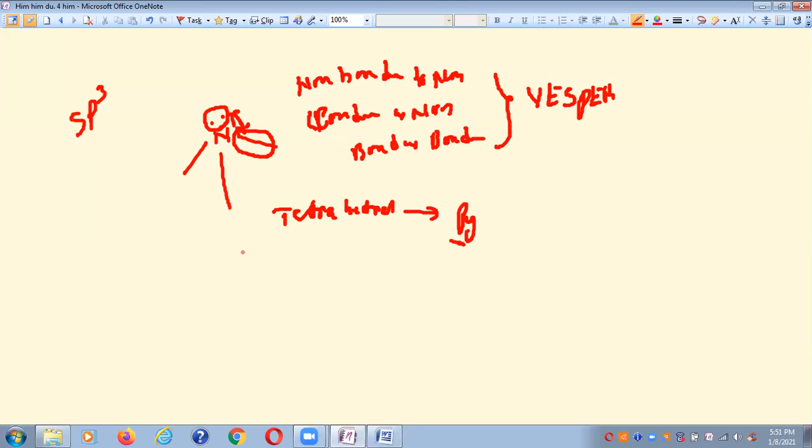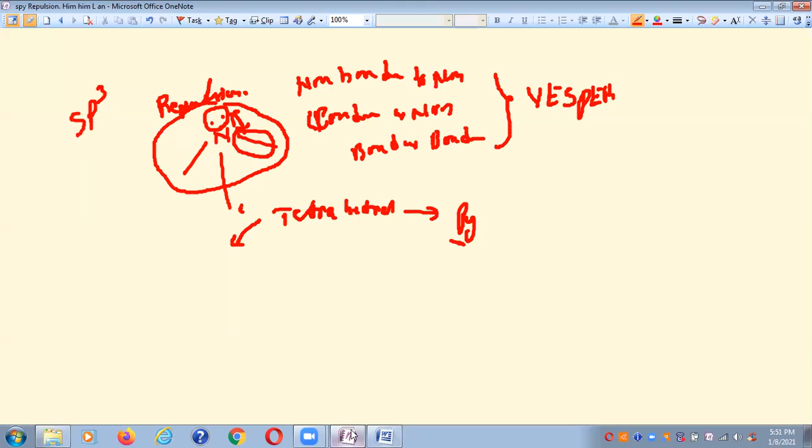When it is changed into pyramidal, or you can say distortion, due to that distortion or change in structure, it gains stability. If it is present in tetrahedral, then it may experience some repulsions, and due to repulsions, it may lose stability. So to overcome that, it changes its shape from tetrahedral to pyramidal.